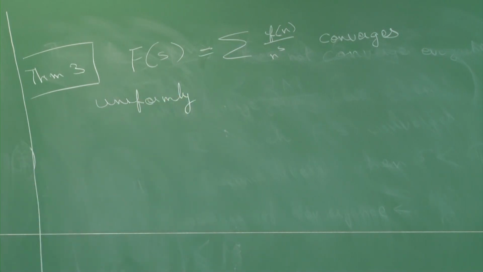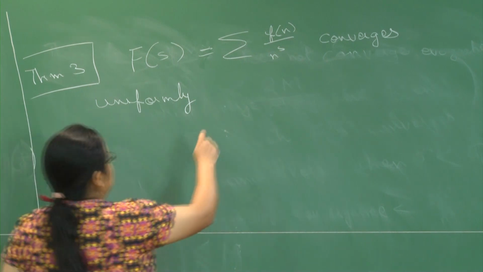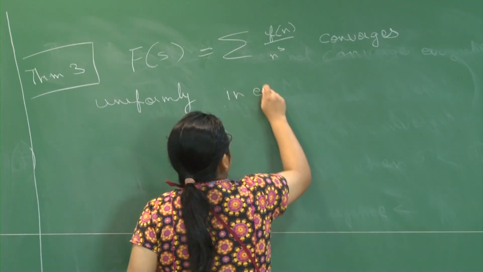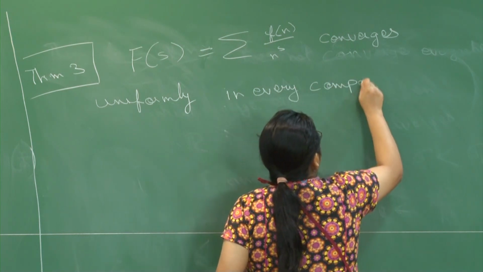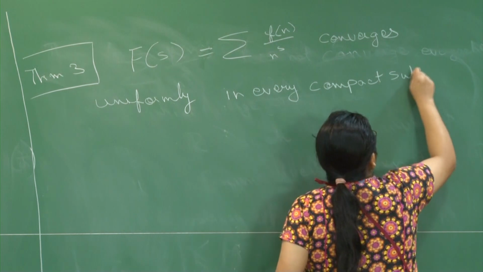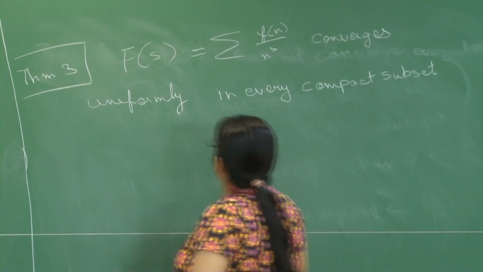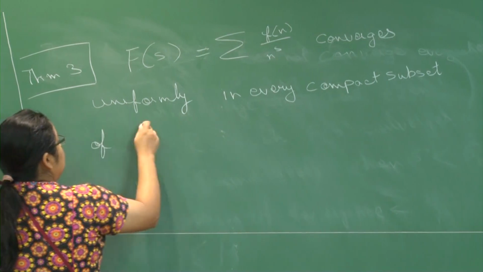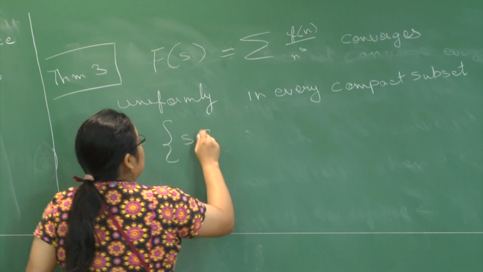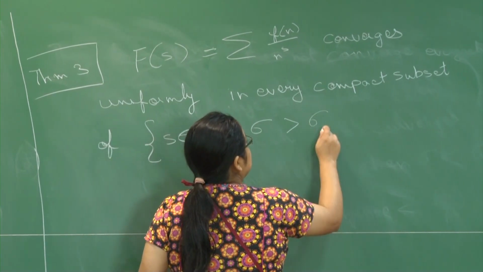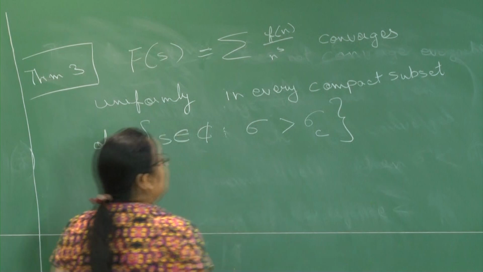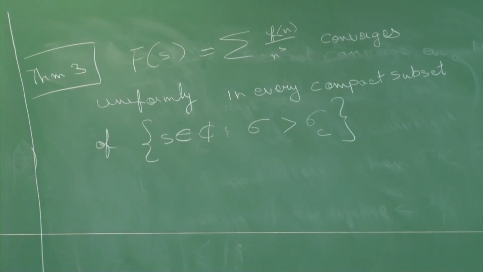In the half plane of its convergence, the convergence is actually a uniform convergence in every compact subset of the region S in C for which the real part is greater than the abscissa of convergence.